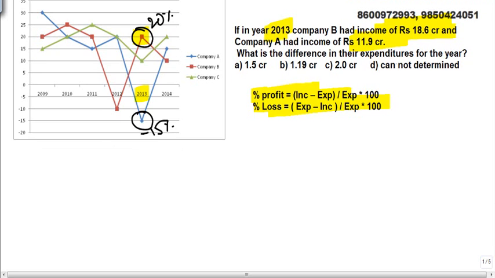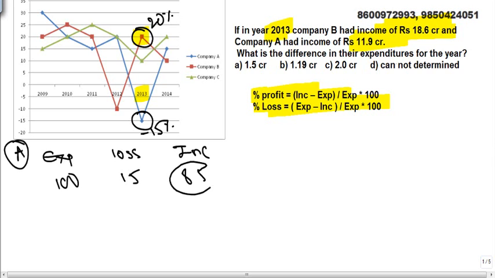A smarter person knows, for A, if expenditure was 100, A made a loss of 15, so income was 15 less. Expenditure 100, loss 15, income this.